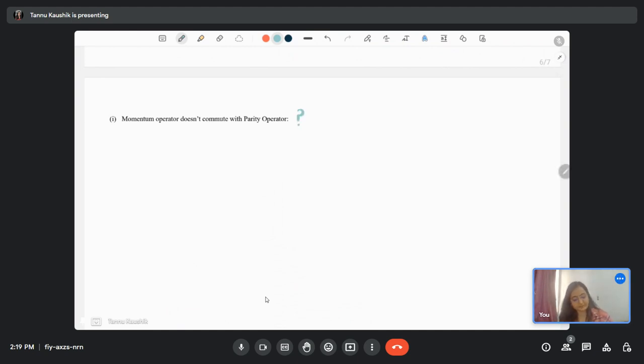I hope it is clear. So let's take another example. Now we will check whether the momentum operator commutes with the parity operator or not.